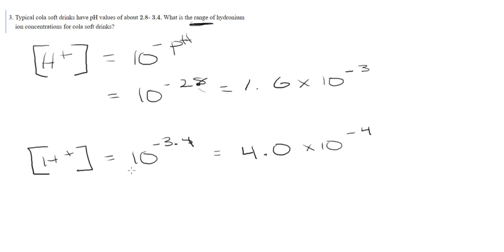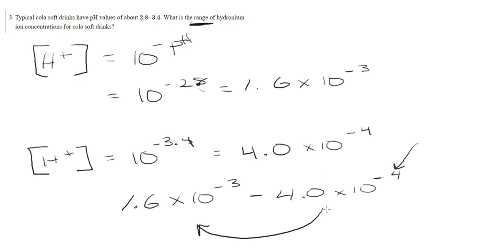The range of the concentration for soft drinks would be between 1.6 times 10 to the negative third and 4.0 times 10 to the negative fourth. And considering that's the higher exponent, but it's negative, I probably should have put them in the opposite direction. But anyway, that's how you do that one.